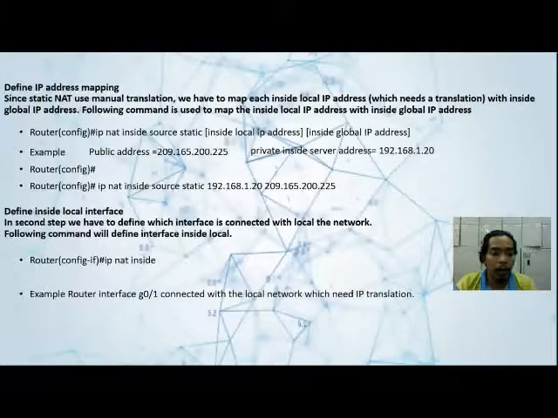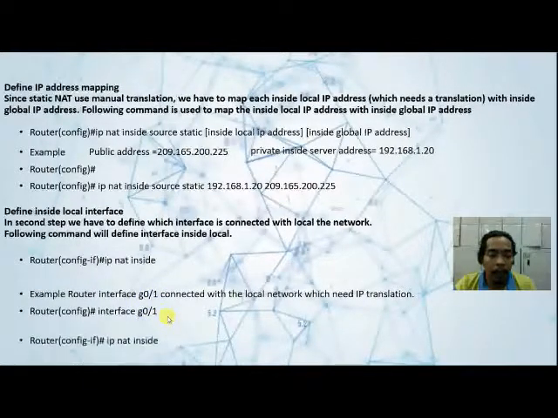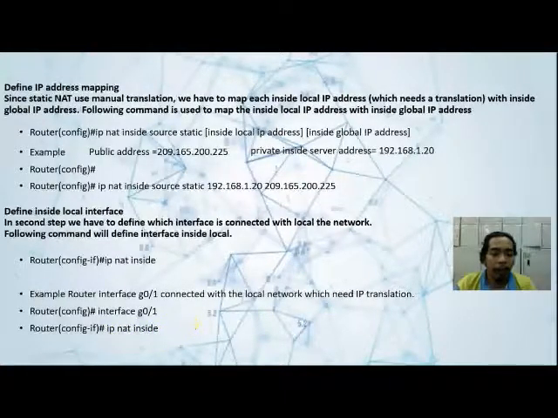Here we have an example: a router with interface GigabitEthernet 0/1 connected to the local network, where we need the IP translation. We enter the interface configuration of GigabitEthernet 0/1, then type the ip nat inside command. We have done it here.